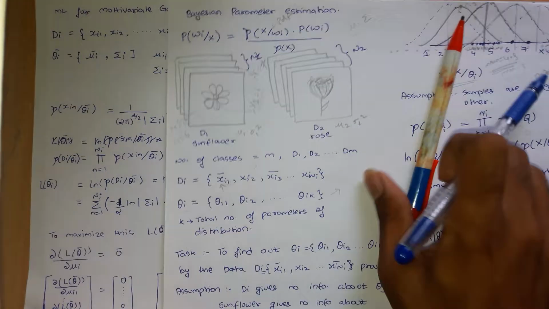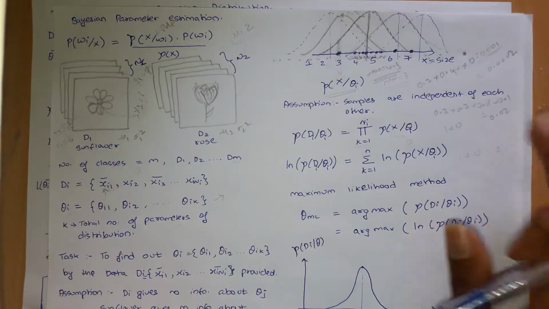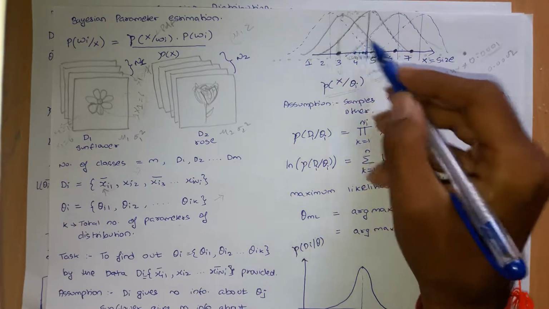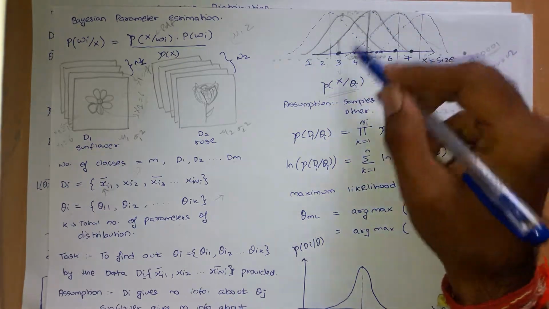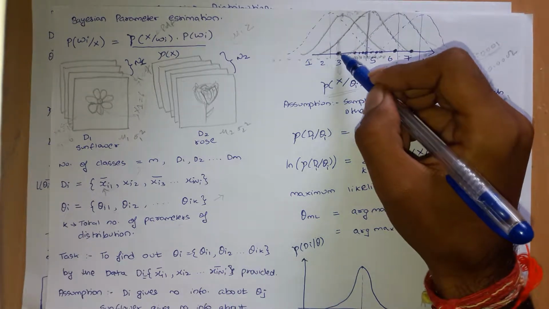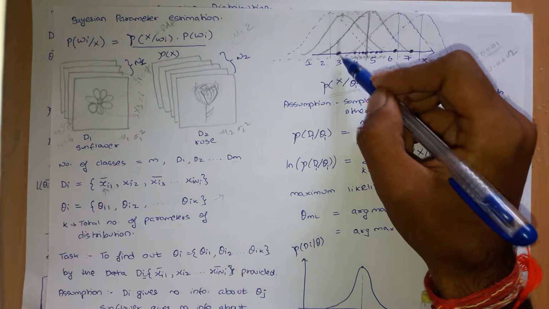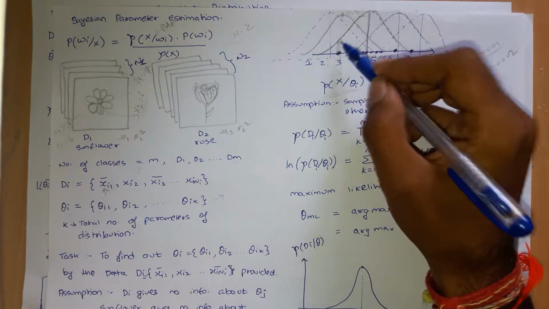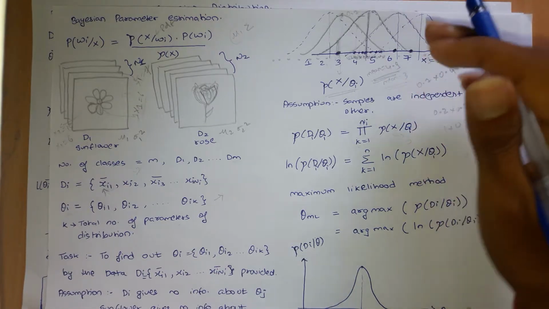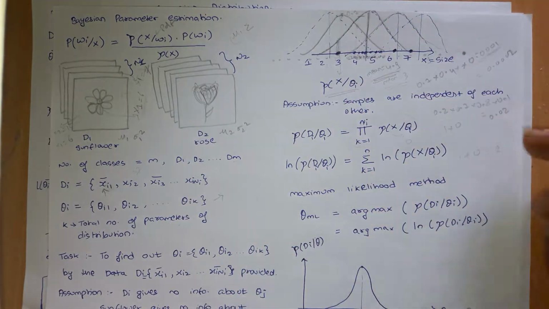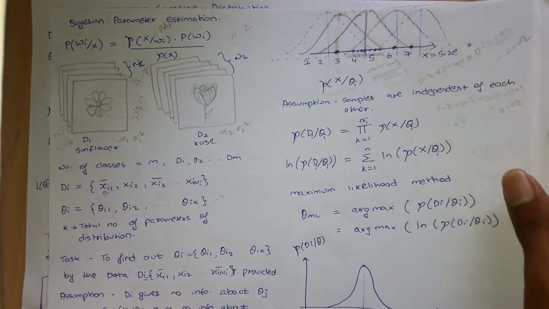We talked about this in the last lecture. What we are actually doing is changing the means and trying to fit the Gaussian on this data, calculating the probability of every x with respect to the particular mean that we are taking. Please refer to my video on Bayesian parameter estimation if you have not seen this.